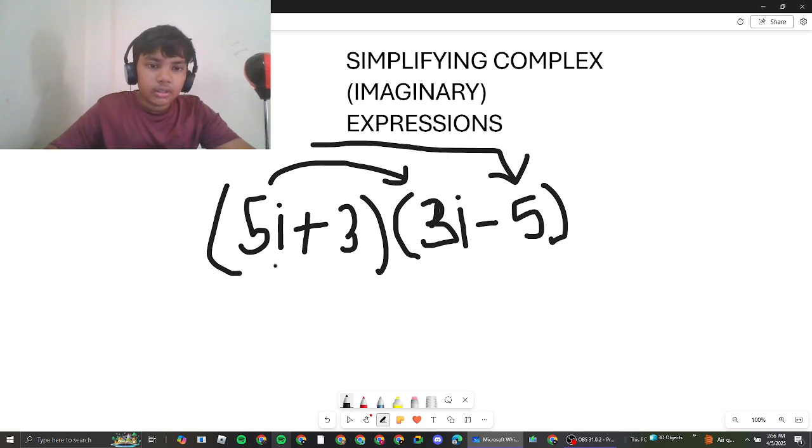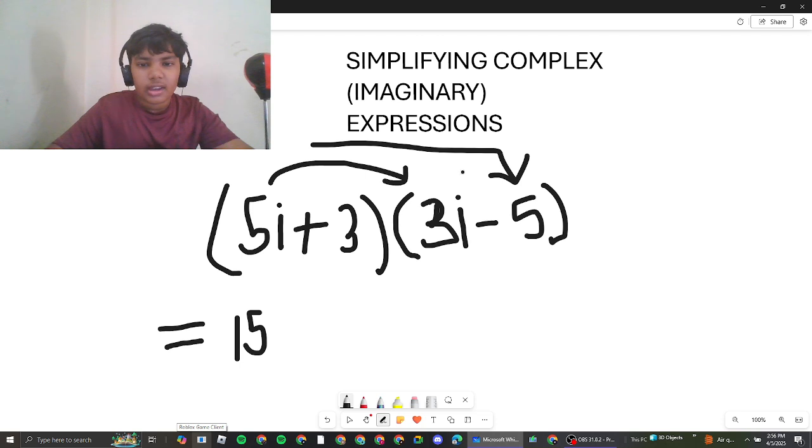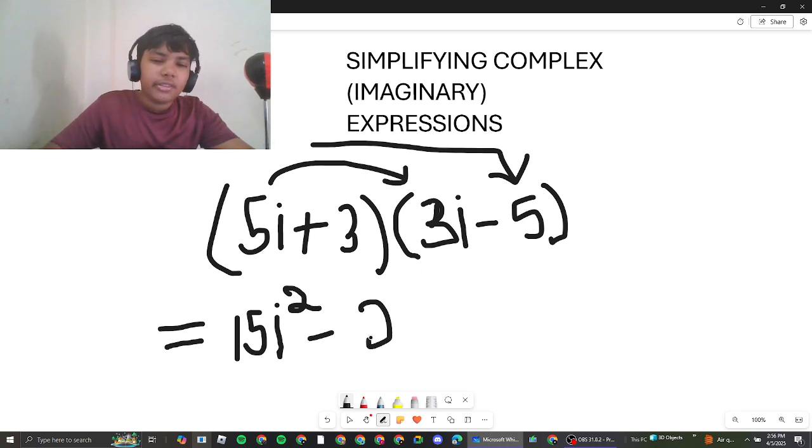For example, 5i times 3 is 15i, and i times i is i squared. Let's just write i squared now. 15i squared, minus 25i, because 5i times 5 gives 25i.